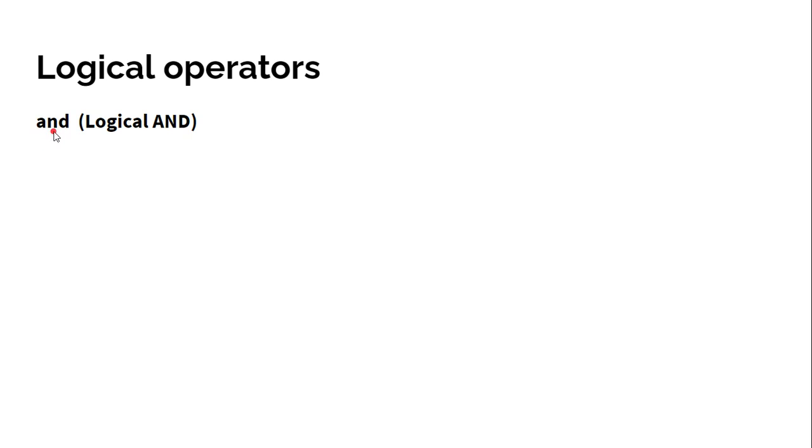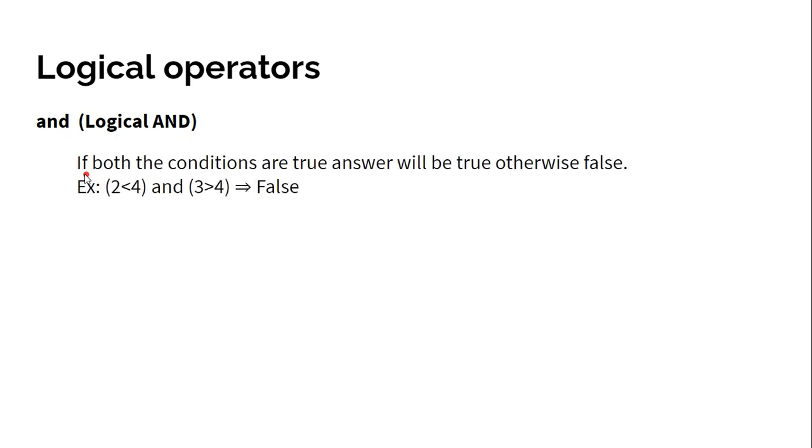So it is called the AND operator. What does the AND operator do? If you have two Boolean conditions, if both conditions are true, the answer will be true, otherwise false. I previously told you that logical operators work with two Boolean values, also called conditional values.